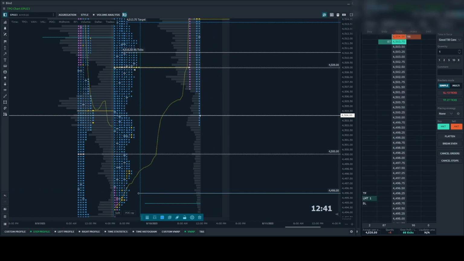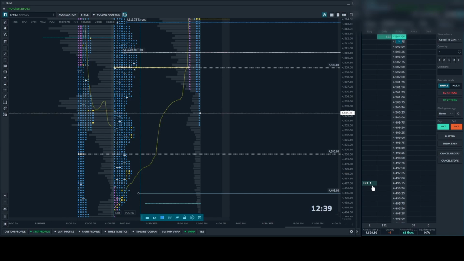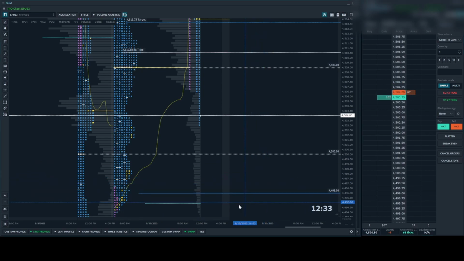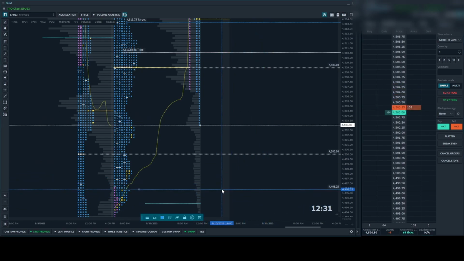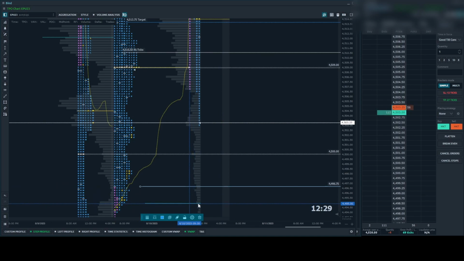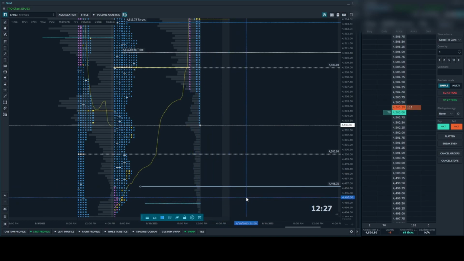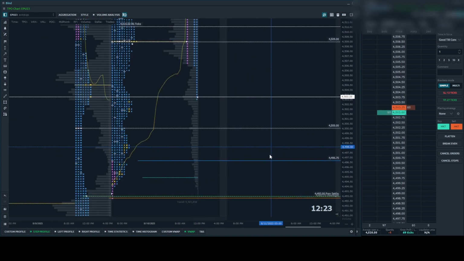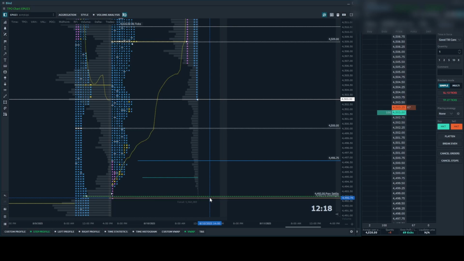I'm going to move this up. Go 675. That even number was bothering me. I want to have lots of room for it to get to this volume area low here. Ultimately, I feel like it's shooting for this overnight low.